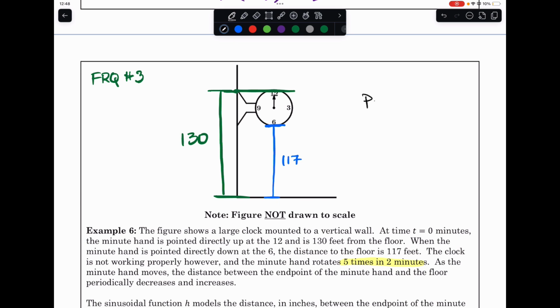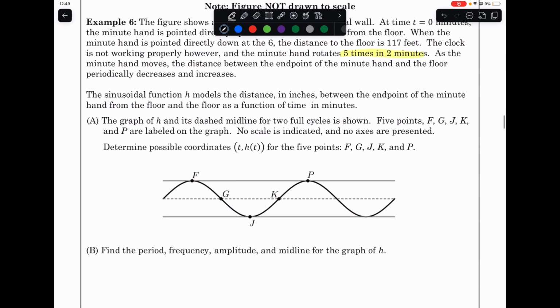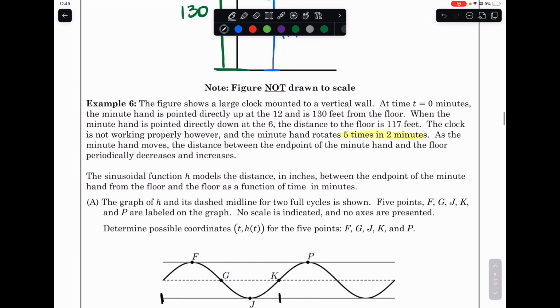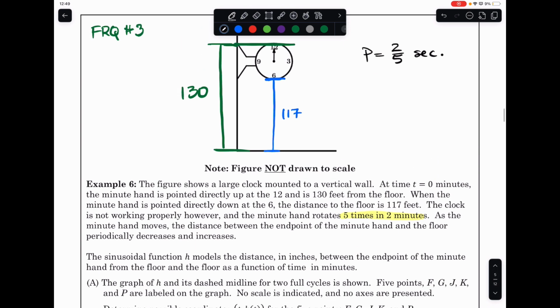And our period is going to be 2 over 5. So the length of 1 cycle, from here to here, is going to be 2 over 5 minutes, not seconds, minutes.